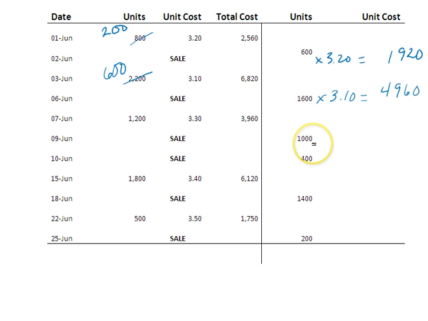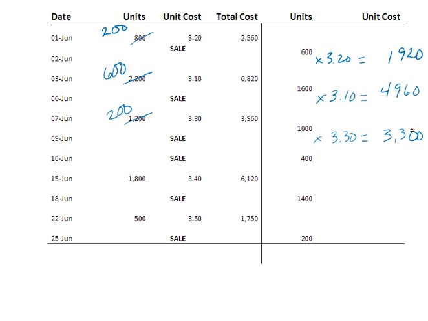Well, we sold our most recent purchase, which means we sold 1,000 of those, leaving 200. So 1,000 times 330 is 3,300.